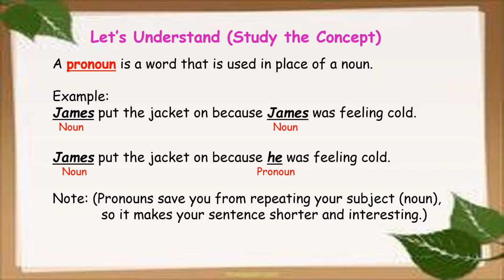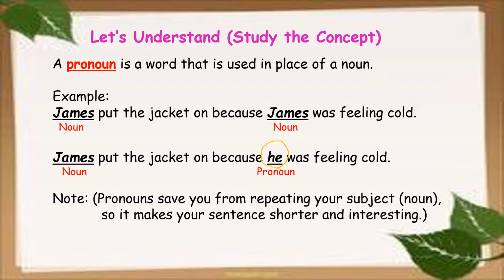So we are going to use the word he as a pronoun, in replacement for the name, or the noun, James. So: James put the jacket on because he was feeling cold.